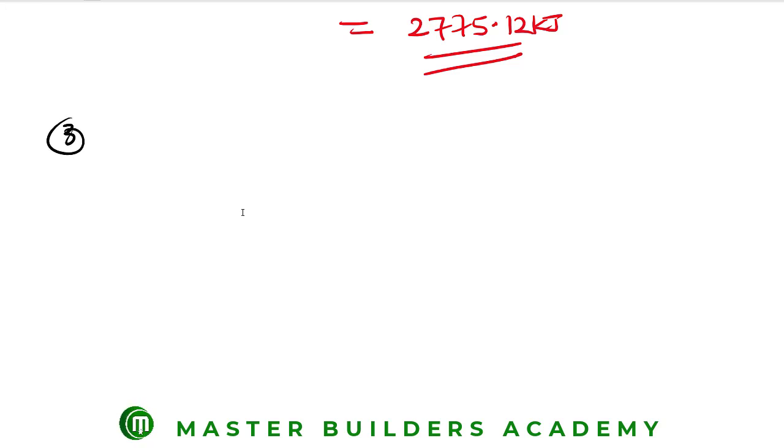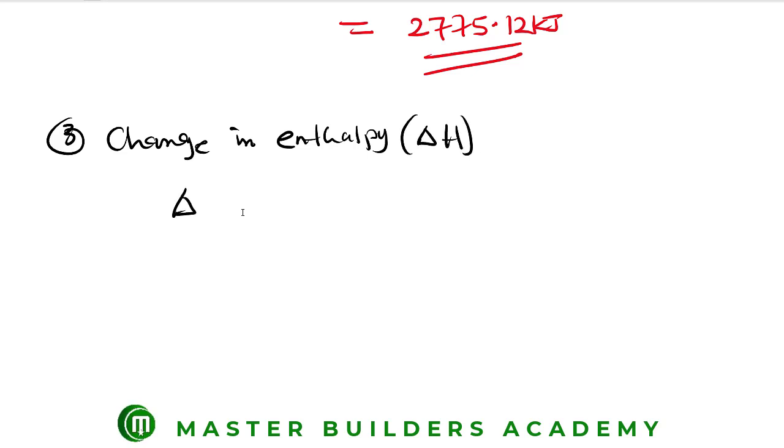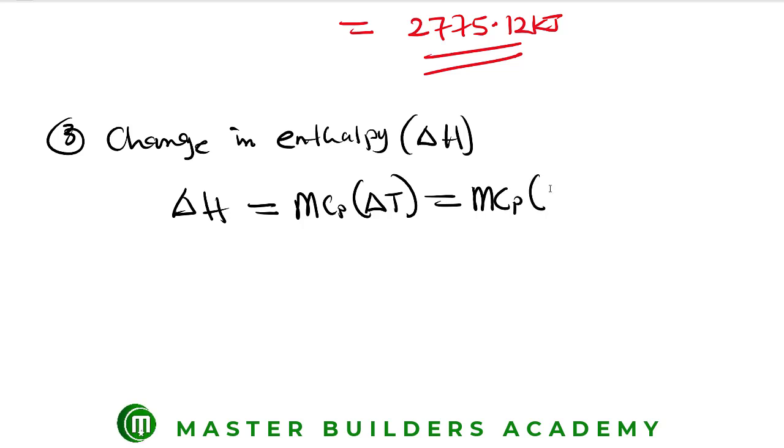Change in enthalpy is given as delta H. So change in enthalpy is given as m CP into change in temperature, and then this is equivalent to m CP into T2 minus T1.